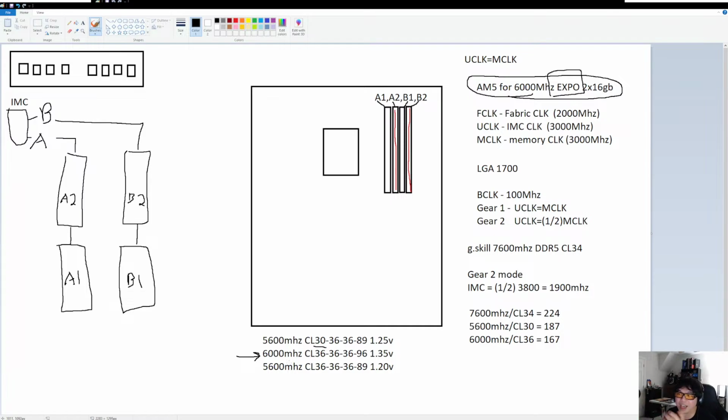That would be Hynix memory. So anytime the first number is different from the second number, it's probably Hynix memory. And anytime the two numbers are the same, it's most likely Samsung memory.